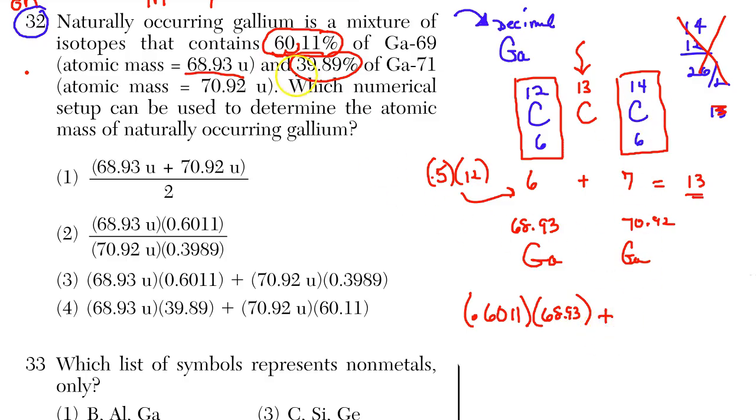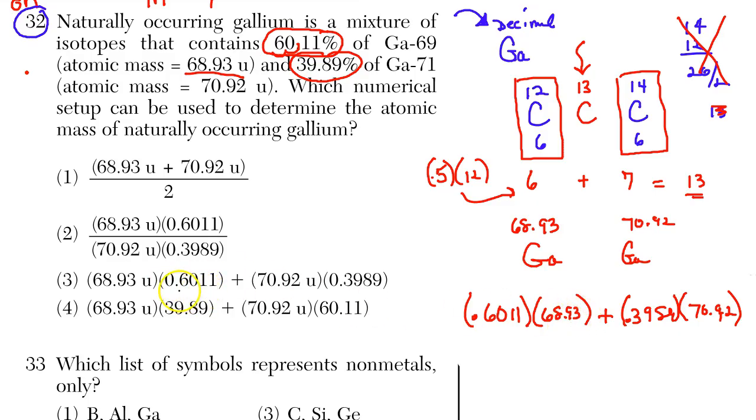I'm going to find 39.89, which is going to be 0.3989, right? Because I'm just going to move the decimal place over 1, 2, and then I'm going to times it by the atomic mass, which is not 14, it's 70.92. And that would be my answer. And of course, the best choice there is right here.